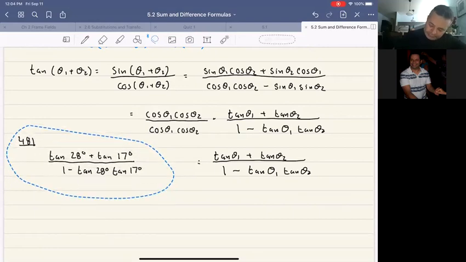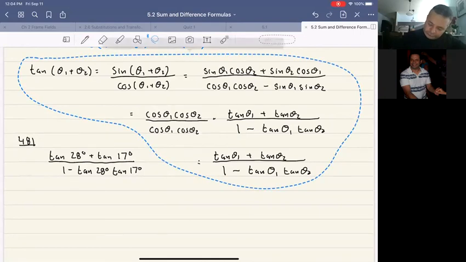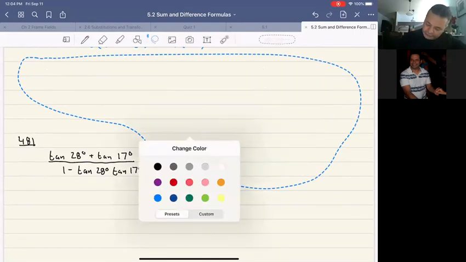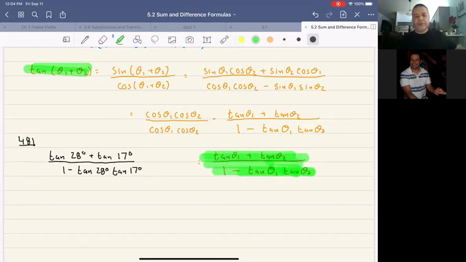Let me write this all in orange. Now we have to recognize that this is for very specific values of theta.